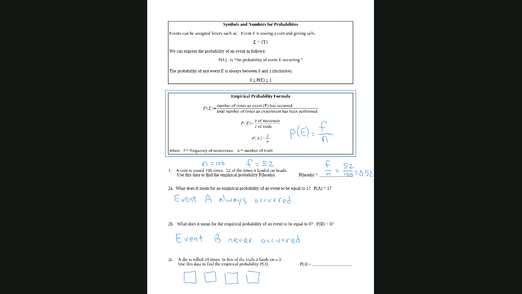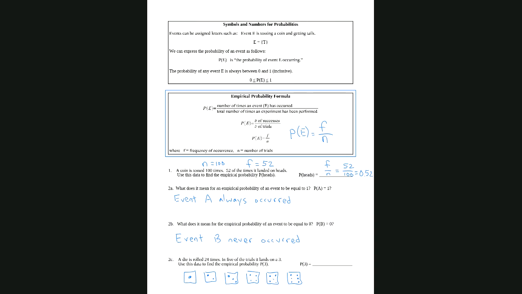And on each face of the cube, there's a different number of dots. 1, 2, 3, 4, 5, and 6. Now let's say that of those 24 times that it was rolled, 5 of the trials ended up with a 3 being the face that showed on the die. Can you use that past data to find the empirical probability of rolling a 3?